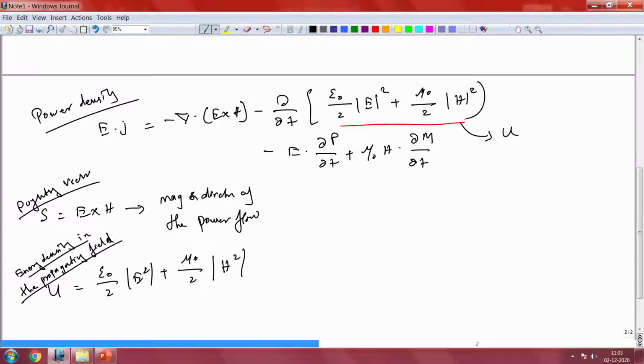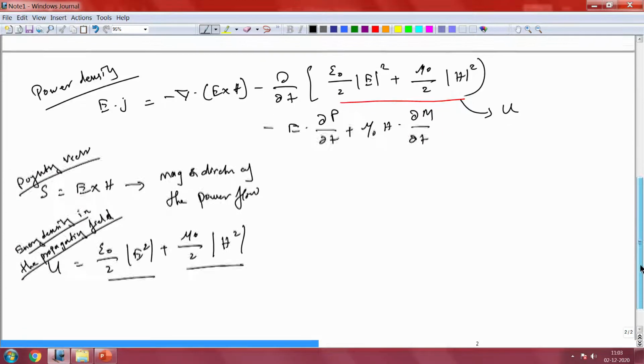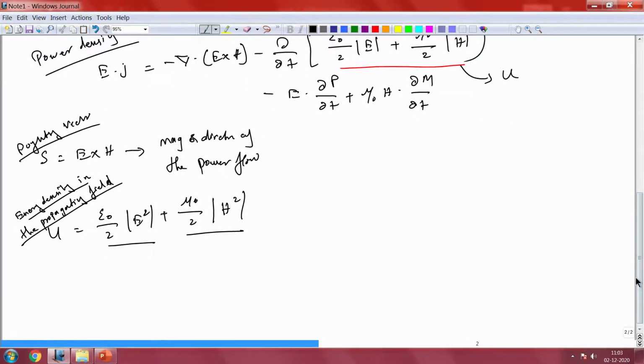It consists of two components, as you can see here: the electric field component and the magnetic field component at any instant of time. So this is where the energy is actually stored. This is the stored energy of the propagating wave. And let's move on.